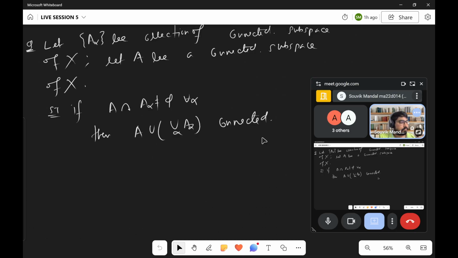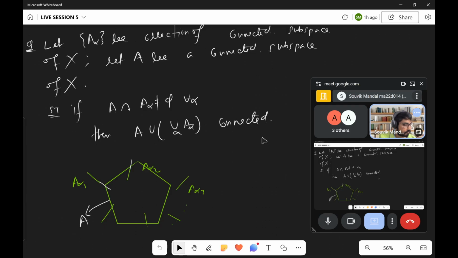Suppose these are all A alphas: this is A alpha 1, A alpha 2, A alpha 3, and so on, and this hexagon is our A. These lines are the A alphas, and clearly each A intersection A alpha is non-empty.